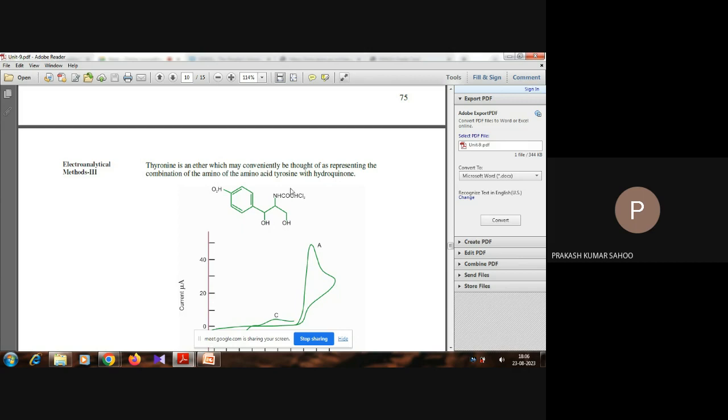So this is the amino acid tyrosine, and this is the hydroquinone, that is a benzene ring or phenyl ring. It contains two OH groups, OH and OH in the para position. This will be the hydroquinone.